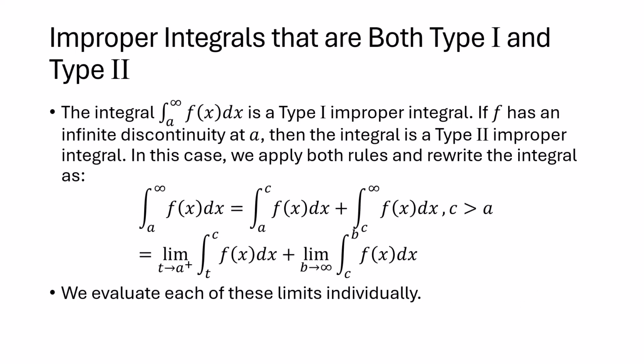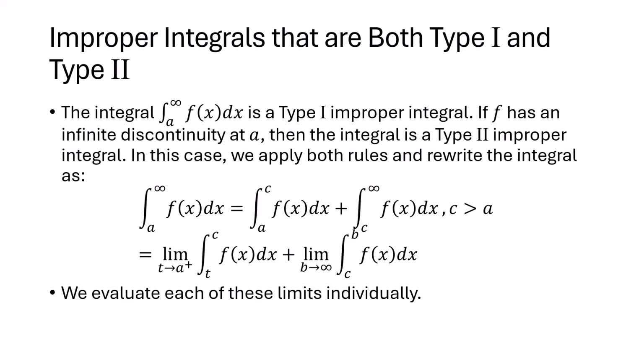Now, you can have improper integrals that are of both type 1 and type 2. And when this occurs, we handle those cases individually. So if the integral from a to infinity of f of x dx is a type 1 improper integral, and if f has an infinite discontinuity at a, then the integral is also a type 2 improper integral.